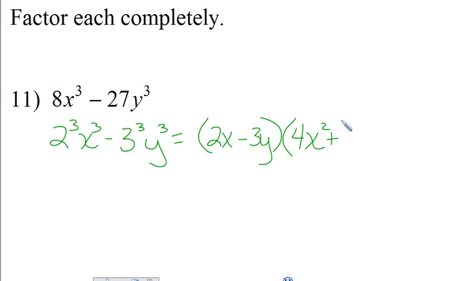Again, multiply those two together, and you're going to get 6xy. And then the square of 3y, which is plus 9y squared. I know it is a little bit odd to see that minus sign there and not want to put it over here, but again, in the template you can only have one negative, and it is spent in the binomial.